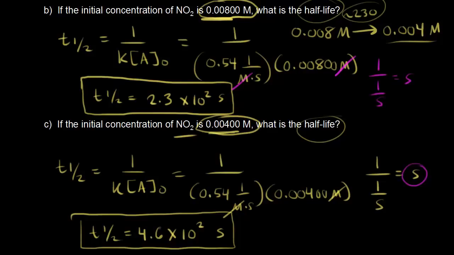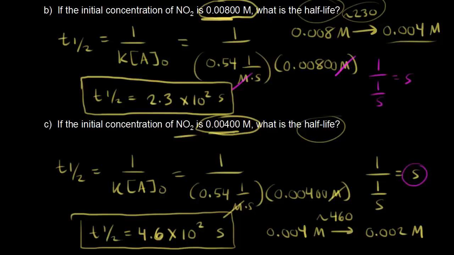So this half-life, 4.6 times 10 to the second, that's twice our first half-life. So if we're going from a concentration of 0.004 molar, and we wait approximately 460 seconds, we're going to end up with a concentration of 0.002 molar.